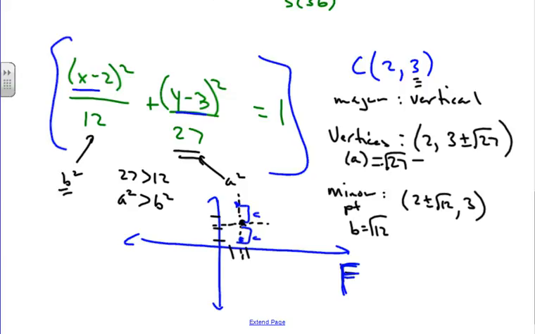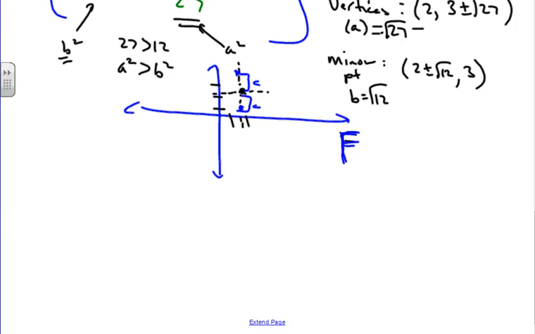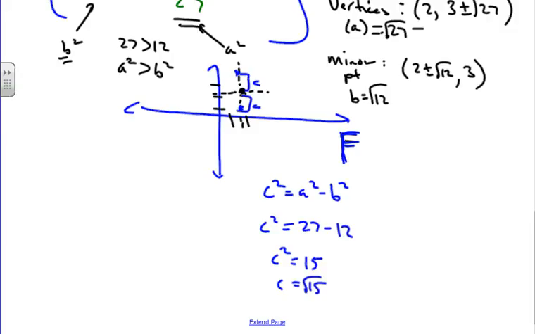This is where students have to remember you have to use a separate equation: c squared equals a squared minus b squared. So to find c squared, we take our a, which is 27, minus our b, which is 12, and set that equal to c squared. What you get here is 15 equals c squared, and c has to equal the square root of 15.